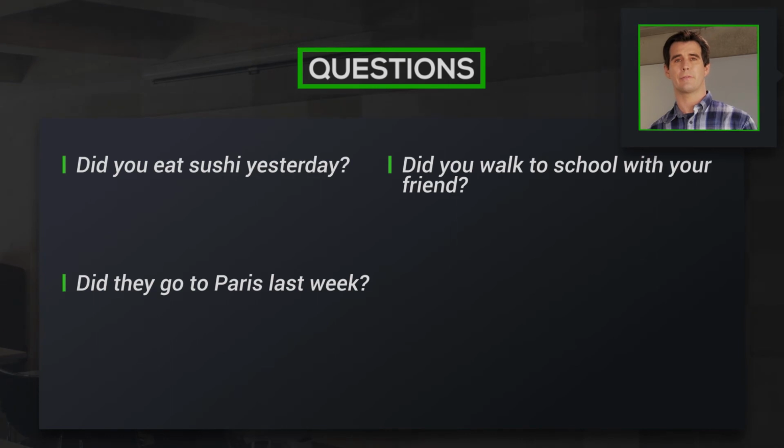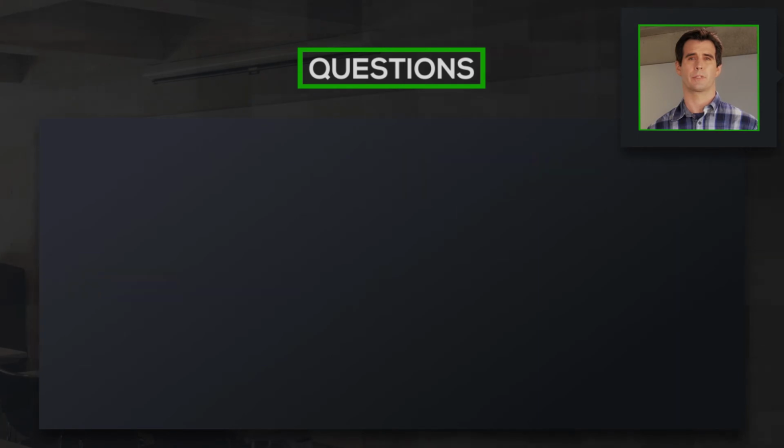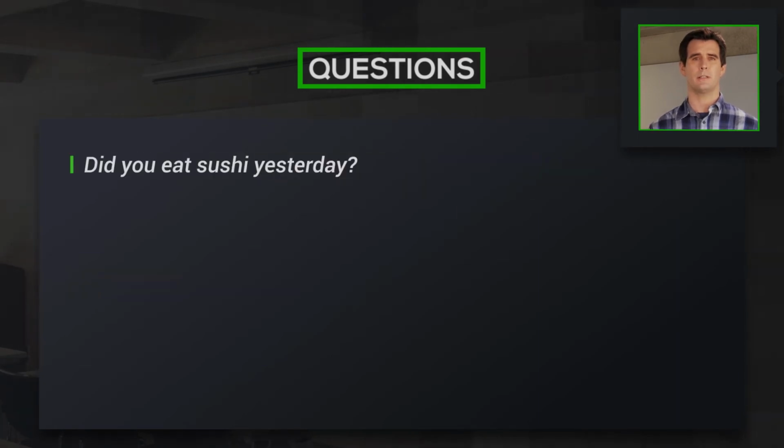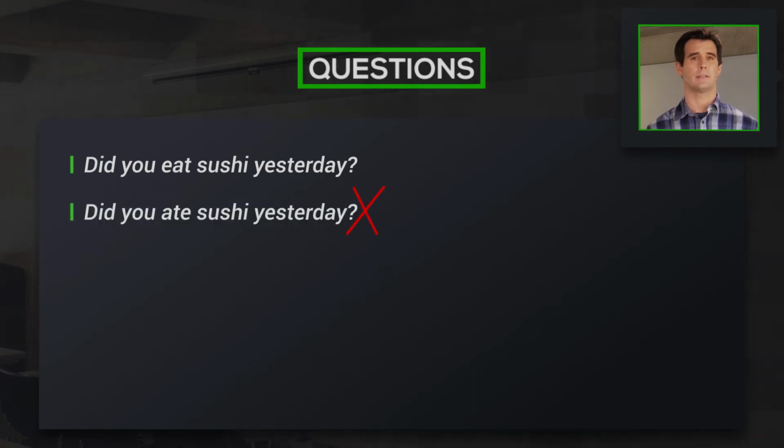Then we have the normal form of the verb. Again, with questions, we do not use the past form of the verb. Use the normal form. So, did you eat sushi yesterday is correct. Did you ate sushi yesterday is wrong.